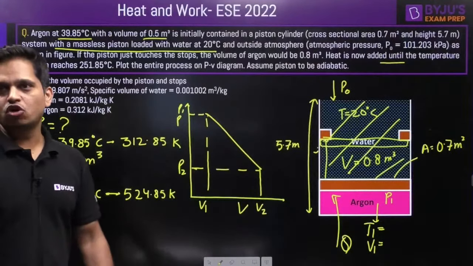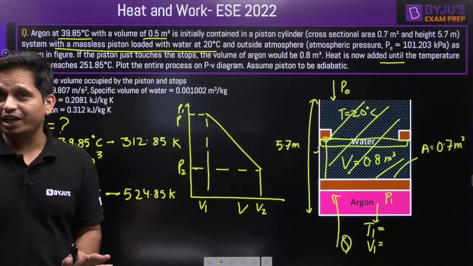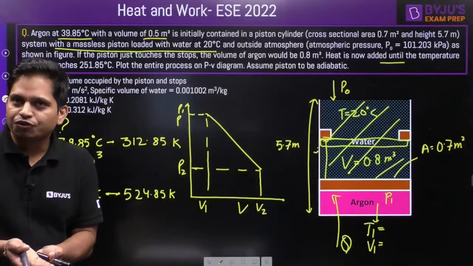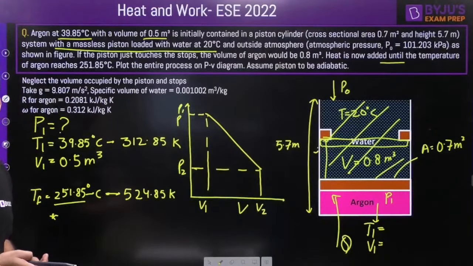Okay, no, adiabatic is not there. But even if the question tells you that the piston is adiabatic, it means there is no heat transfer through the piston. Where is it written? Piston is adiabatic. With a massless piston loaded with outside atmosphere.